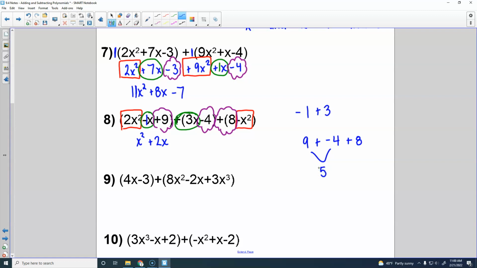Positive 5. Right, it's just like doing 9 minus 4. And then 5 plus 8, what do we get, Julian? 13. So plus 13. We okay here? All right, try 9 and 10 on your own.